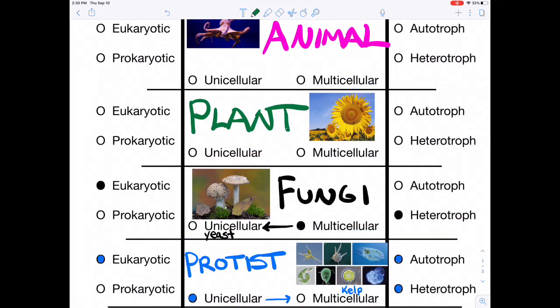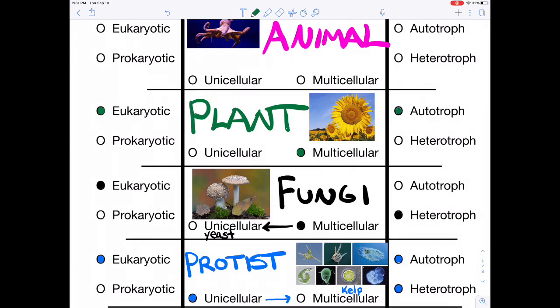Our fifth kingdom on our list of kingdoms is the plant kingdom. Plants are eukaryotic. They have a nucleus, or all their cells have a nucleus. These organisms are multicellular. They are complex organisms, and they are autotrophic.